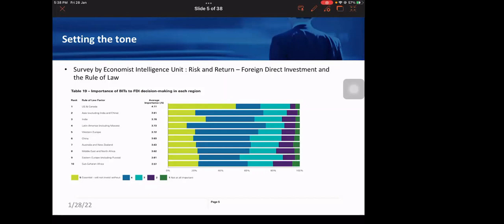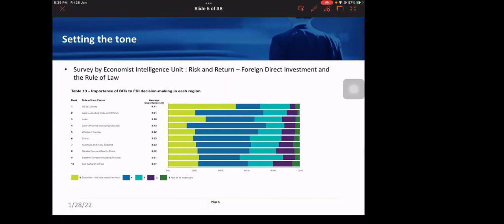But having said that, one of the surveys by economists has very interesting results. It surveyed almost 1,000 multinational enterprises, the top 1,000, and interestingly, India ranks number 3. I was expecting India to be number 1. When an investor enters India, I presume India would be number 1 in terms of whether they have an investment protection treaty.